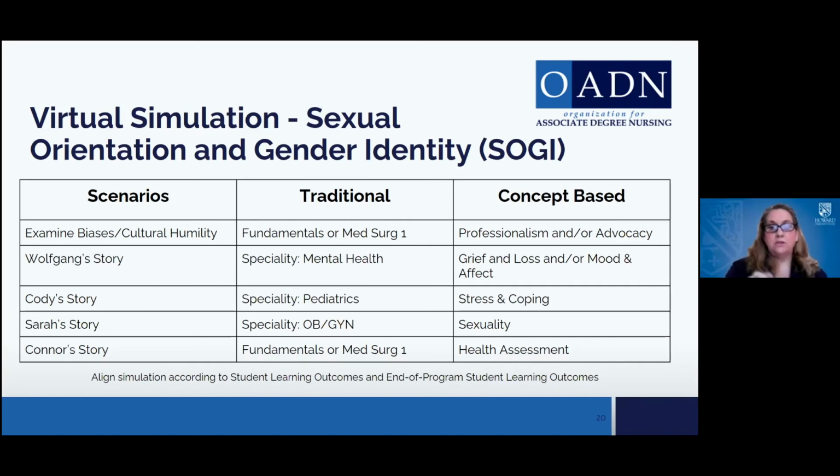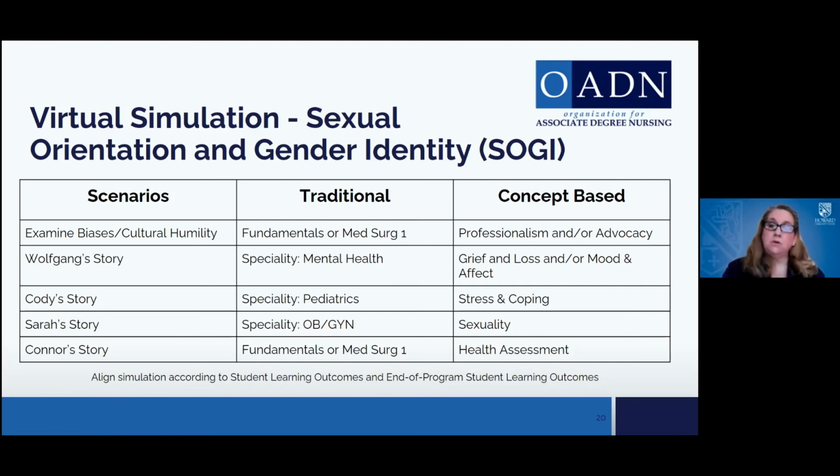And then if you look at traditional, we felt that fundamentals or med-surg would be the best place to introduce how do you examine your biases and what is cultural humility, because it is different than cultural competency. And then we felt that Wolfgang was best placed in mental health, Cody in pediatrics, Sarah in maternal child, and then Connor could either be fundamentals if you're working on assessment or actually in med-surg 1.